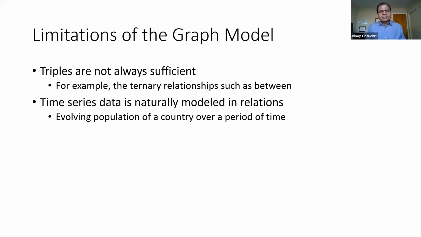Another example where graph model is not the best choice is when you don't have a lot of these object-to-object relationships. You mostly have values. Let's say you are tracking the population of a country over a period of time. So it's just numbers, and you could make nodes out of those numbers, but the advantage and mileage you would get out of that is questionable. Right?